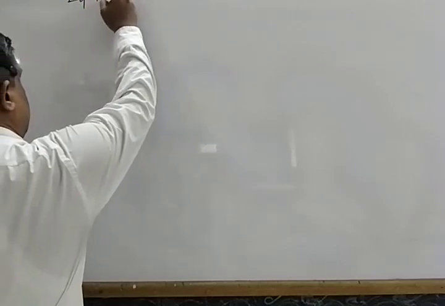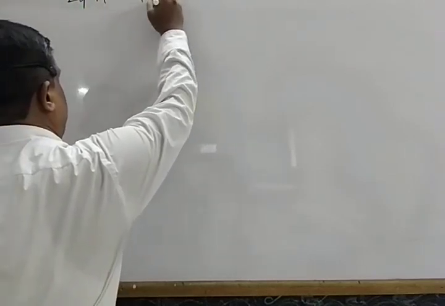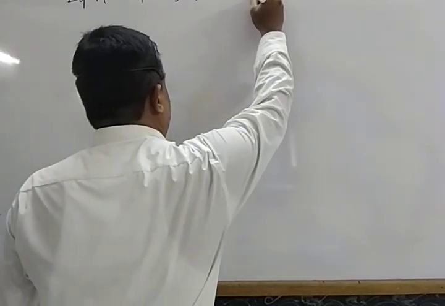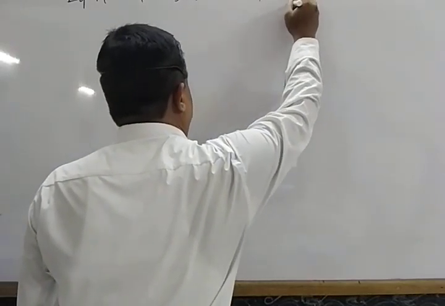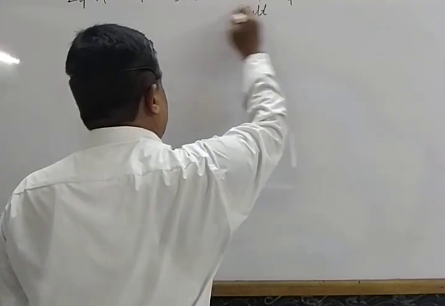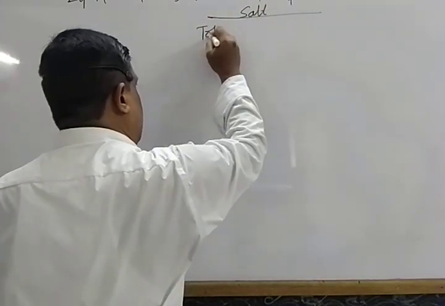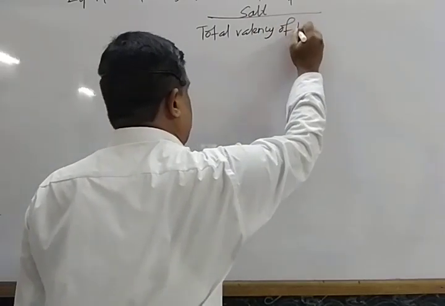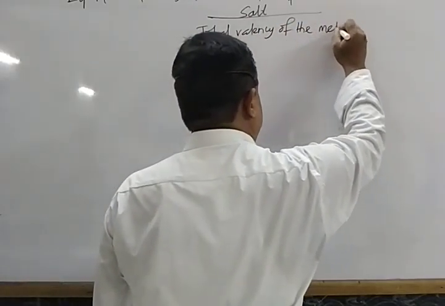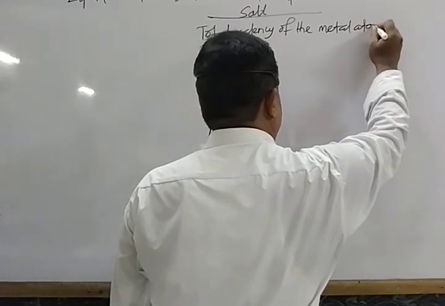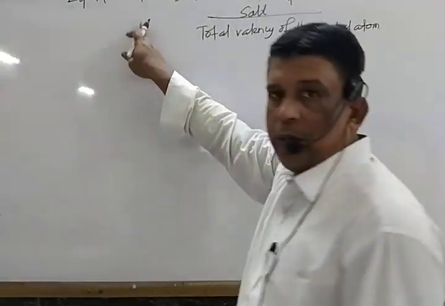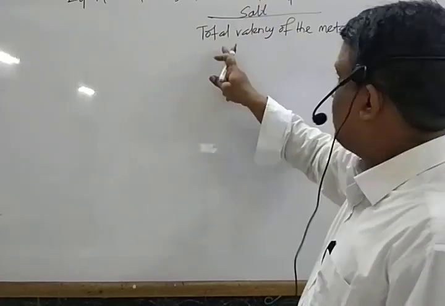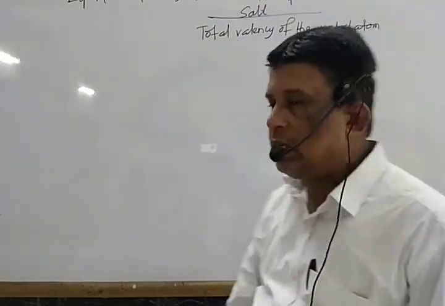I repeat again: equivalent mass of a salt is equal to molecular mass of the salt divided by total valency of the metal atom.